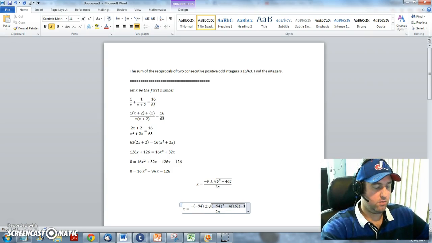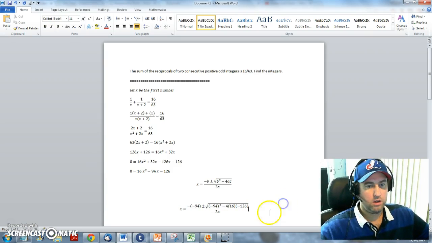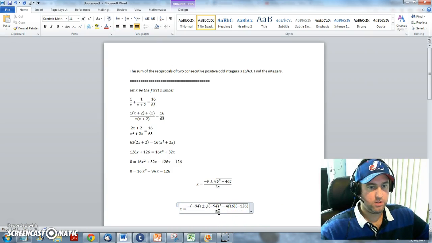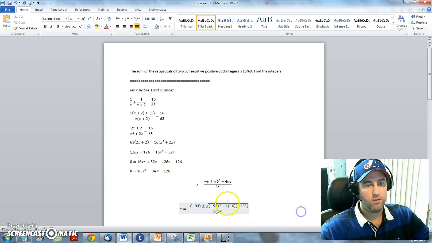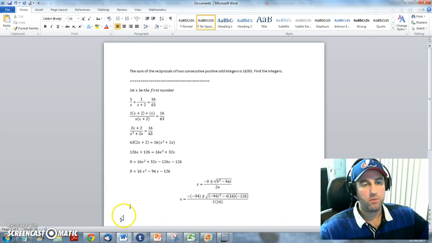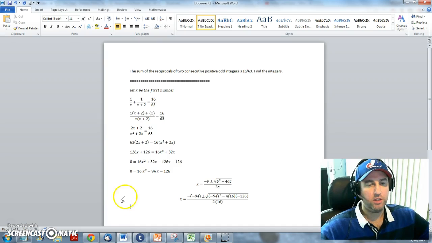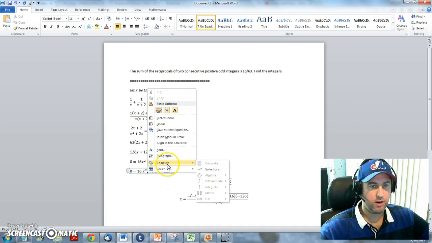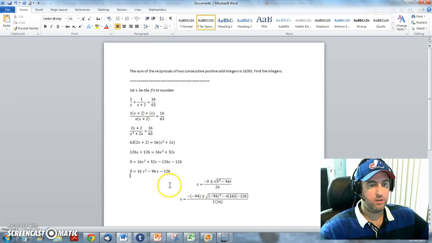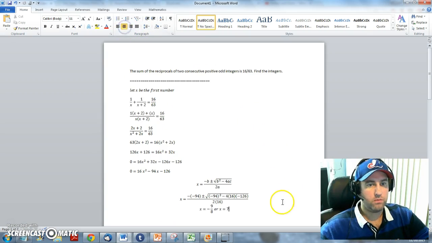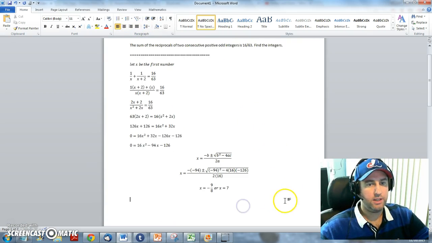Our C value is negative 126. And then our A value we need again, which is positive 16. At this point, I'm not going to show all the steps to working this out. I'm assuming you know how to do the quadratic formula. So if I did that, we're ultimately going to wind up with two answers here, which is negative 9 over 8 and 7.